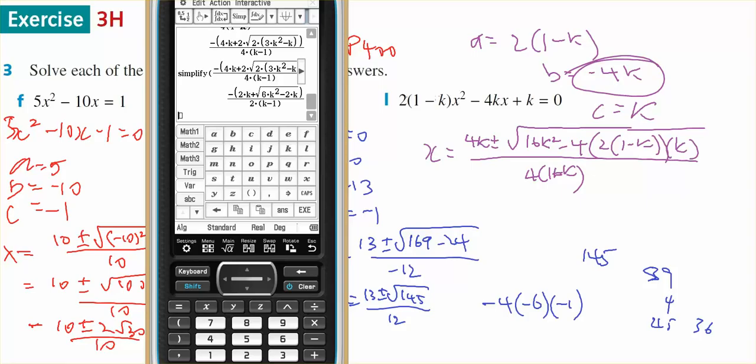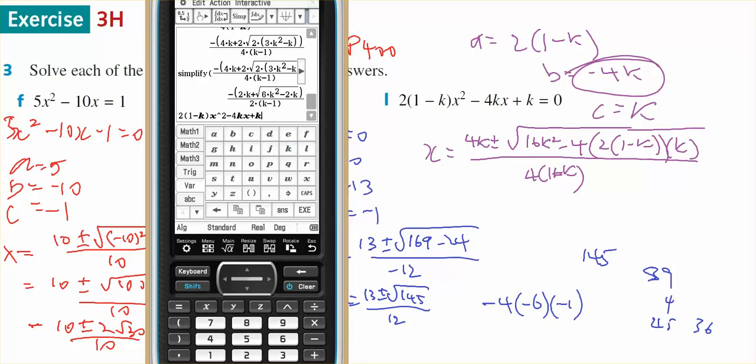If I was just to type the original equation in the first place, I would end up with 2 bracket 1 minus k, close bracket, x squared minus 4kx plus k.